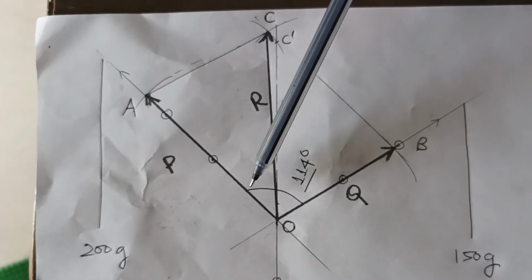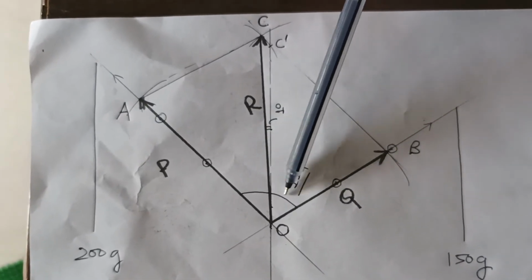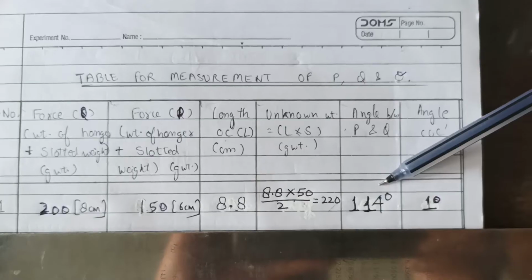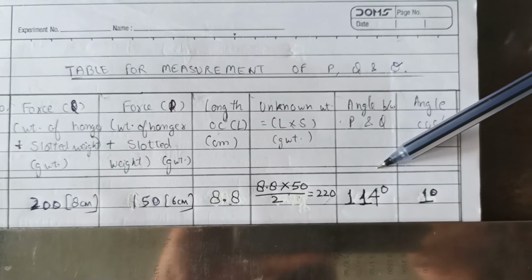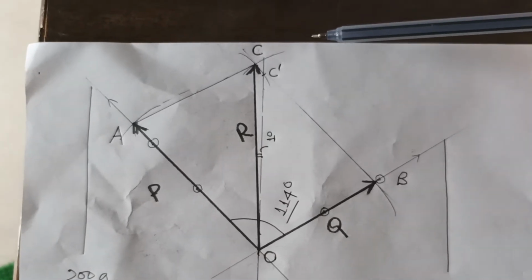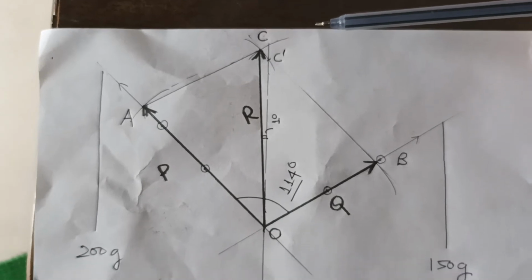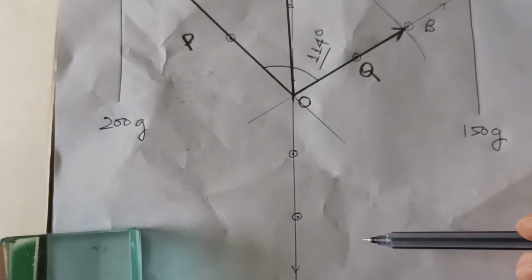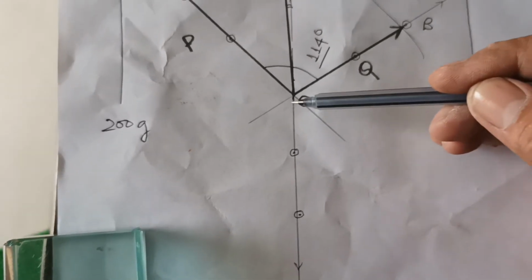This angle from P to Q, as an angle between the two forces, is measured 114 degree, which is recorded here, 114 degree. Another angle of importance here we have shown. You see that this line is an extended straight line.